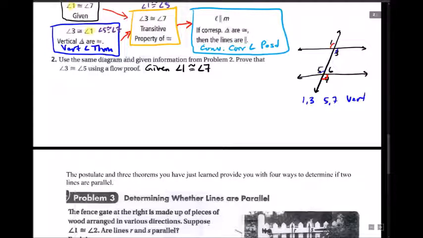We're trying to get 3 and 5, those alternate interior angles. And what else do we have? We've got 1 and 5, and 3 and 7 are corresponding angles.